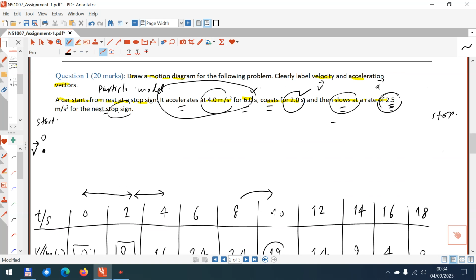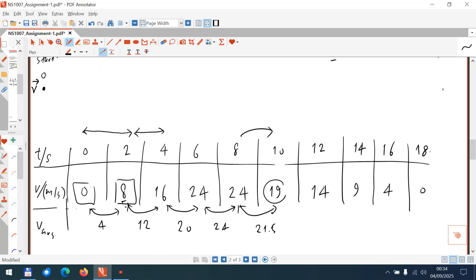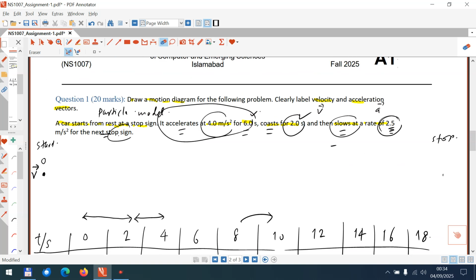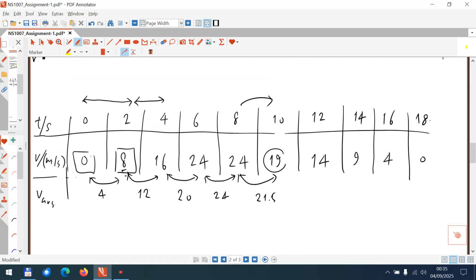I think writing 21.5 is not a good idea anyway, because of the significant figures. If you look at this question, the maximum number of significant figures is 2. So this calculation is not helping us in any way. There is no point in trying to be more accurate than we are justified. So I'll just write 22. That's the safe bet. So the average is 22, going for significant figures.